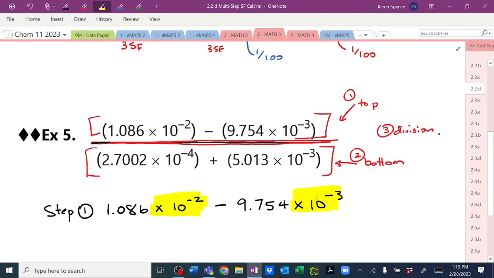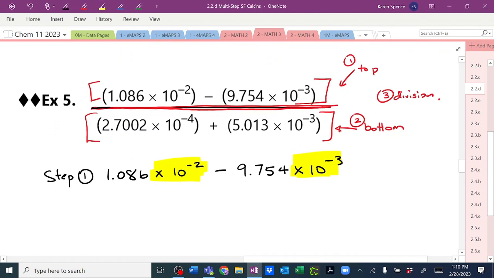What has to be the same before we can add these? The power of 10. Okay, so we need to take one of these powers of 10. I'm going to choose this one to turn into 10 to the negative 2. When you go from 10 to the negative 3 to 10 to the negative 2, did the exponent get bigger or smaller?